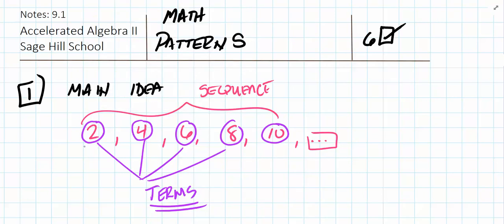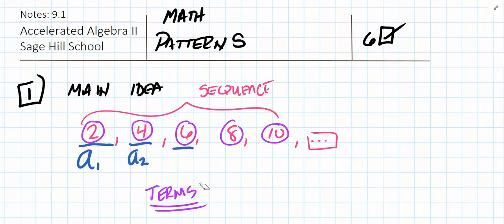Now, the way that we describe the terms is through the use of subscripts. This is how we represent terms in the sequence. We use a lowercase a with a subscript 1, a sub 2, a sub 3, a sub 4, and so on.